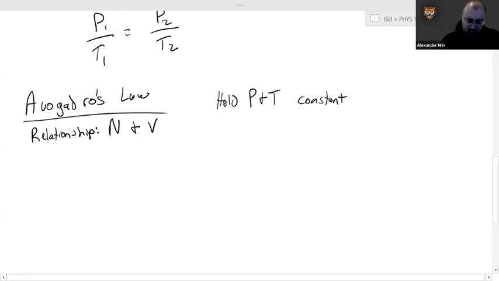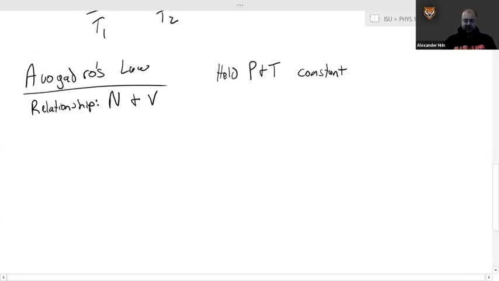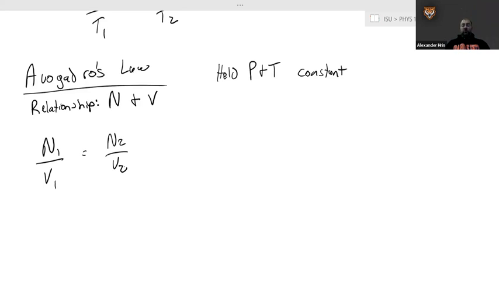Ultimately, what Avogadro's law showed is that the fraction N1 over V1 is equal to N2 over V2. If you know the number of molecules at one point, you divide by the volume, and that ratio is going to hold true no matter how many molecules you add, so long as your pressure and temperature are constant.